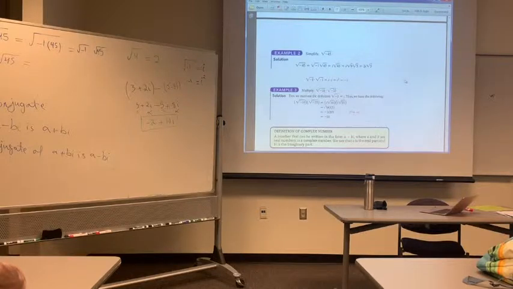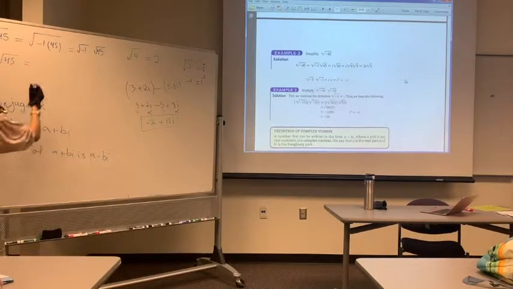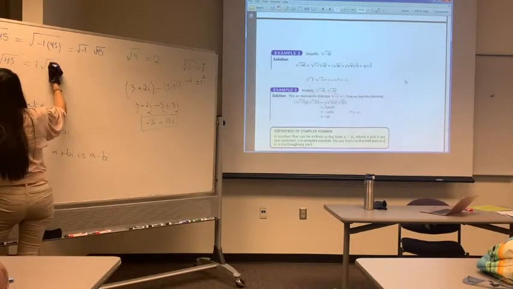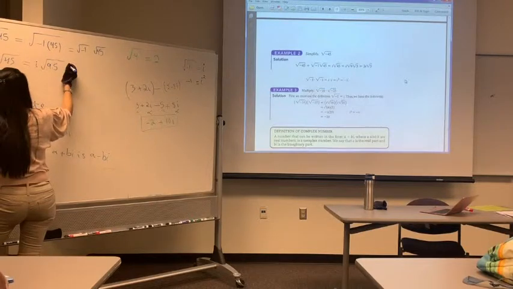Now we should solve radical 45. So 45 is two numbers multiplied: 9 times 5, right? So i multiplied by radical 9 multiplied by radical 5.